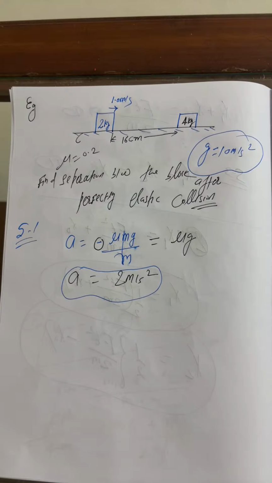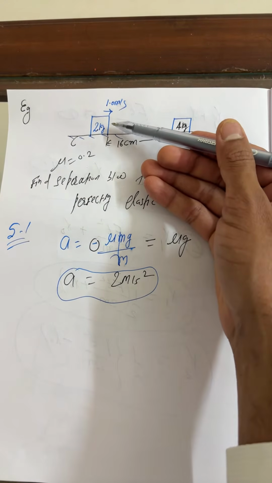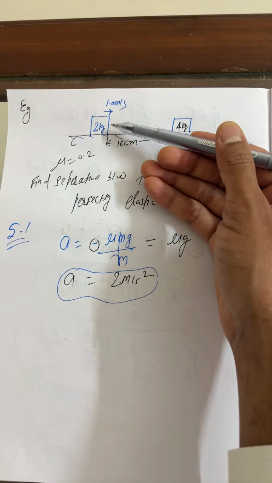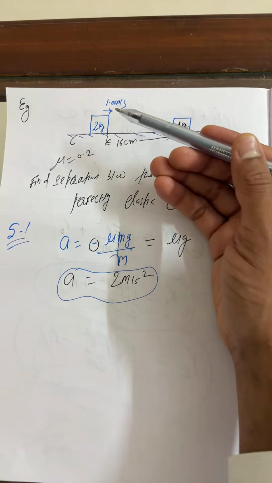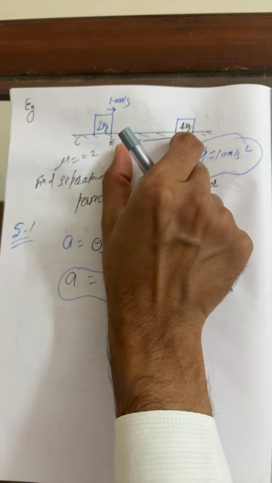Okay, the velocity of the first block before collision, we can find because we have acceleration and displacement.